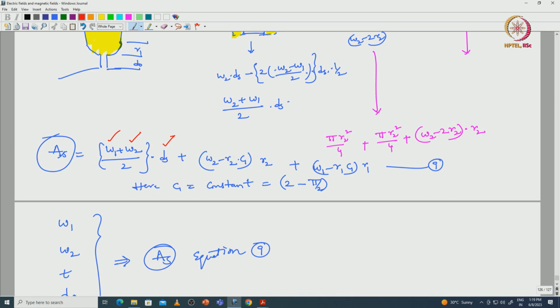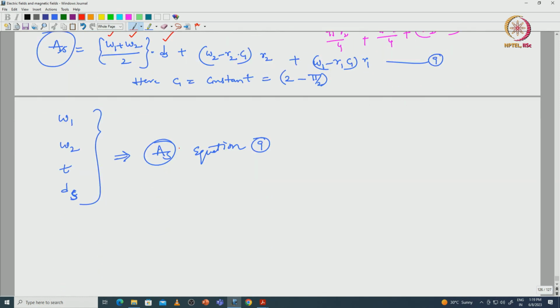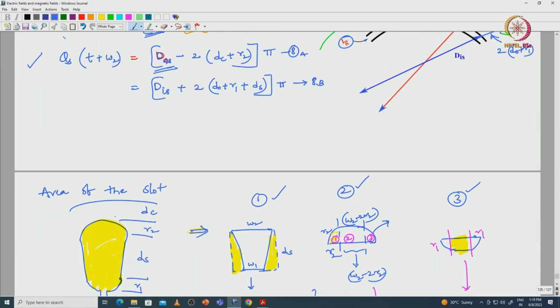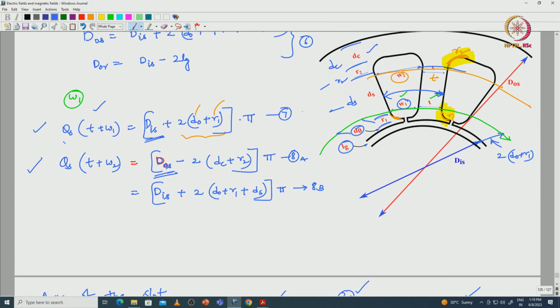So, W1 and W2 and ds we have to find equations and then we have to substitute there. First we will start with W1, that is the width of the stator slot at the bottom side. So, from the equation 7 and equation 8 we can find W1 and W2, right.